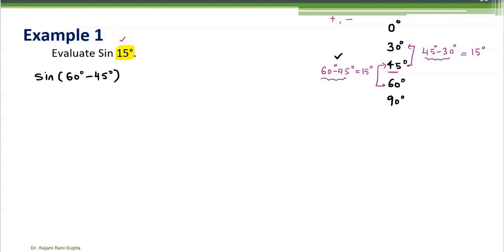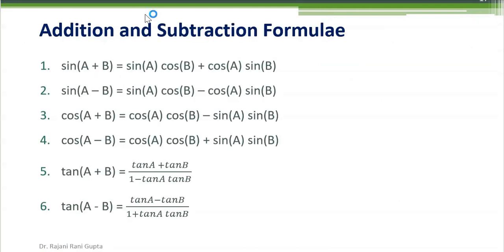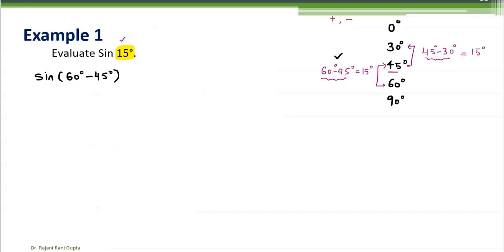To solve it in this form, we have to make use of certain rules. Suppose you have all these rules. What do you think, which rule will be applicable to our question? Again, our question is sine of 60 degree minus 45 degree.